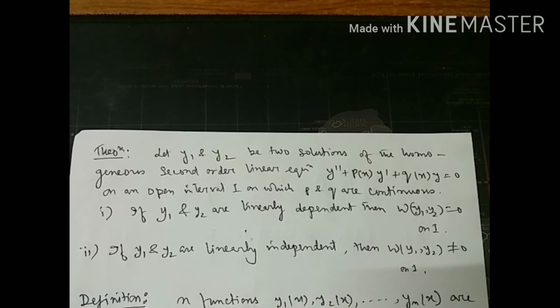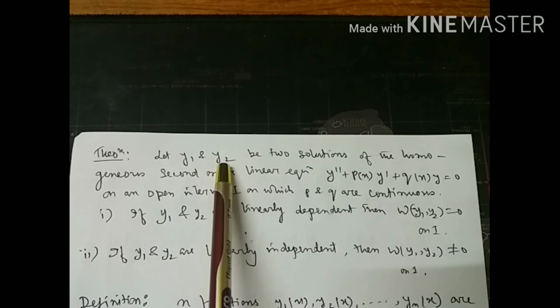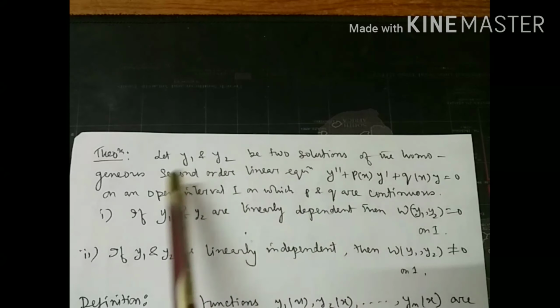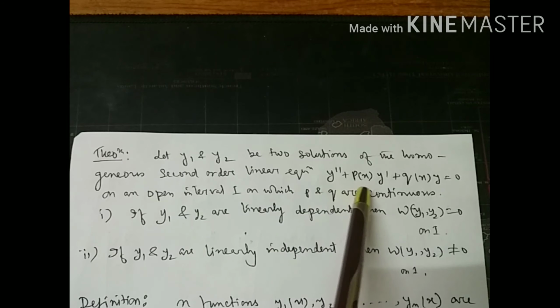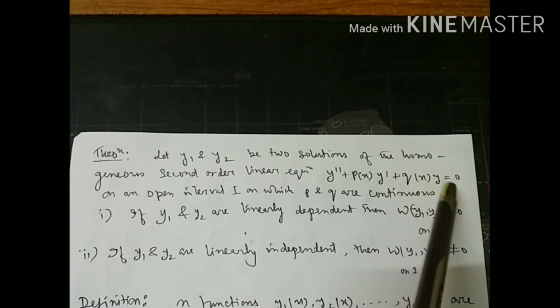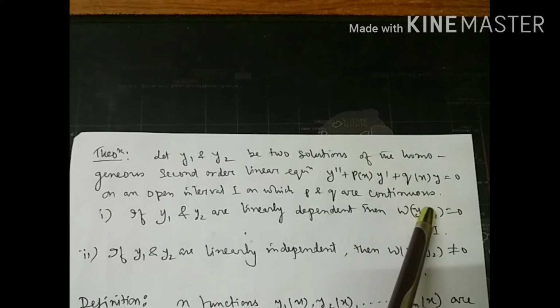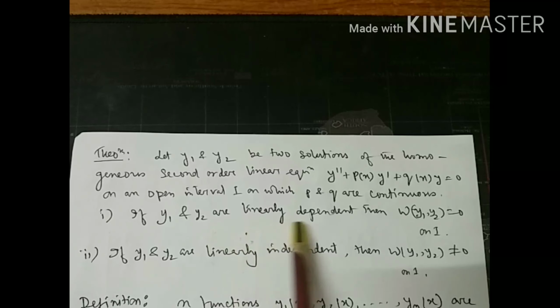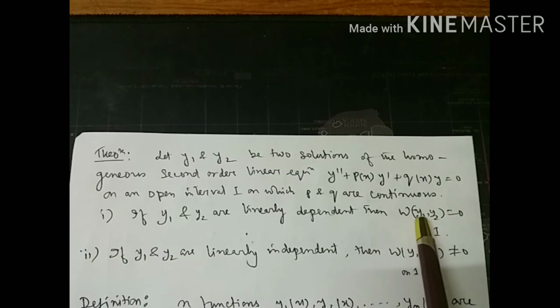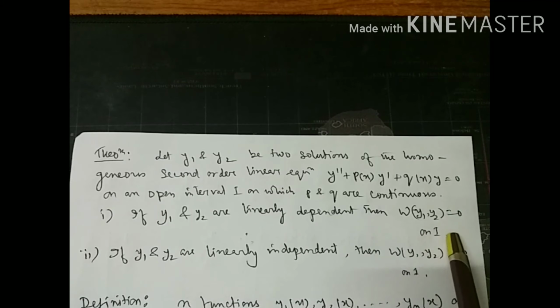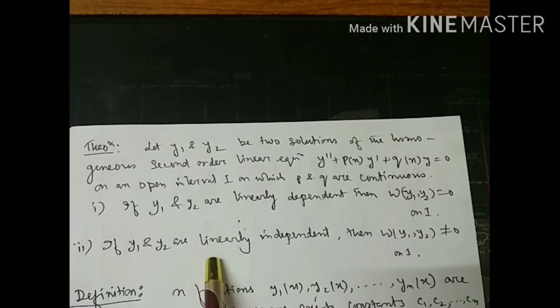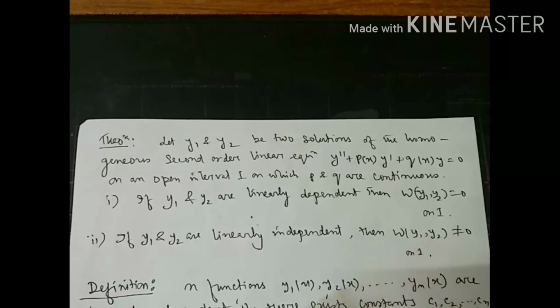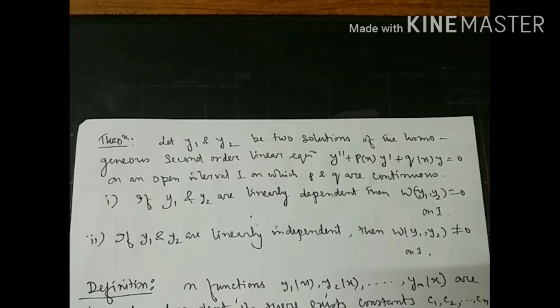From this example, we can construct a theorem. Let y1 and y2 be two solutions of a homogeneous second order linear equation y double dash plus p(x) y dash plus q(x) y equals 0, where p(x) and q(x) are continuous functions on the open interval I. Then if y1 and y2 are linearly dependent, the Wronskian of these two functions equals 0 on I. And if y1 and y2 are linearly independent, then the Wronskian of y1 and y2 is not equal to 0, which we already proved by taking some examples previously, right?